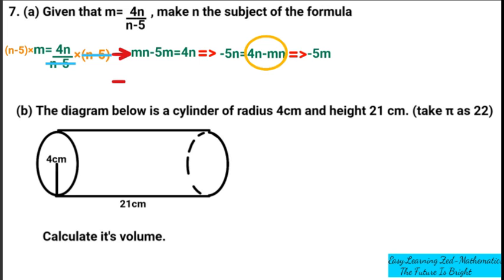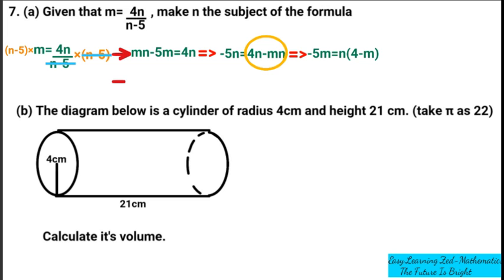Both of the terms have got n, so we put n open bracket, because n is found in both. That's what we use as a common factor. So n into 4n goes 4 times. n into negative mn goes negative m times. Now we have factorized that.